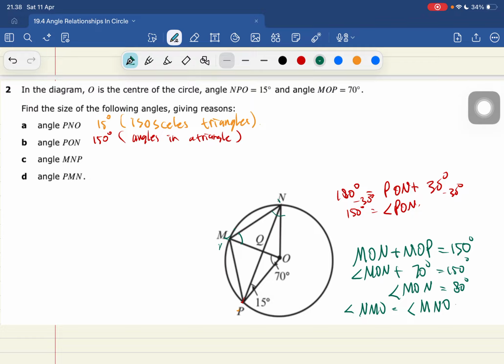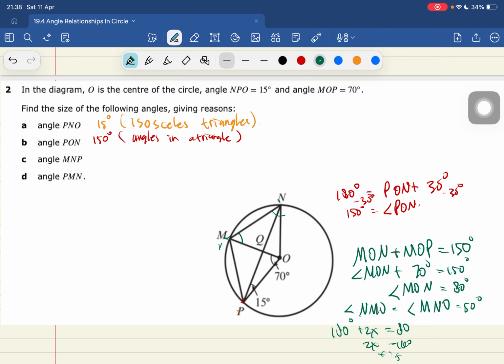So if the angle at O is 80, then 180 equals 80 plus 2x, so 2x equals 100. So x equals 50. So it's going to be 50 degrees.